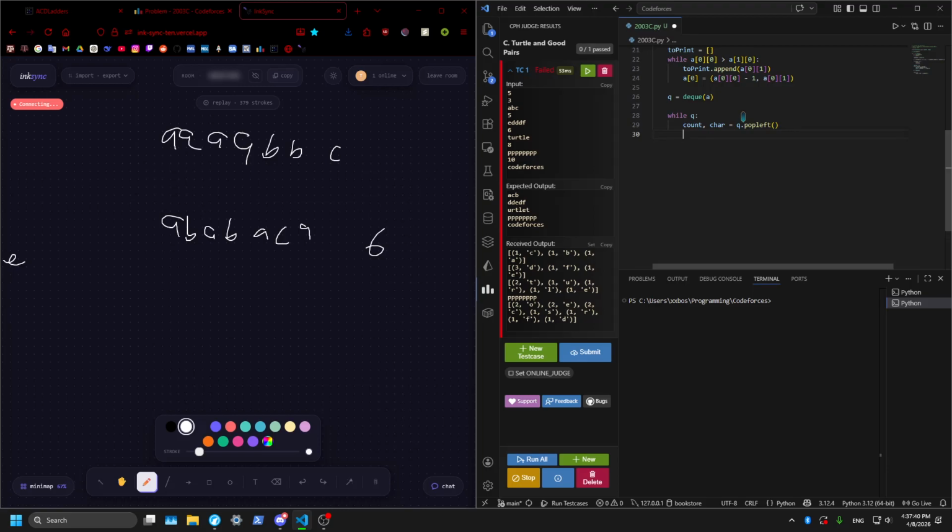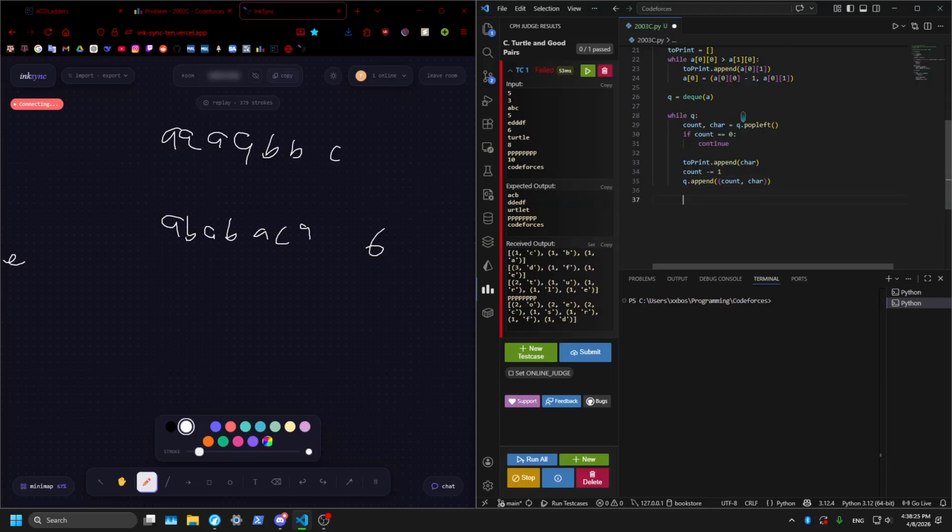Count pop left. And then we check if count equals 0. Do nothing. And then we to print dot append char, count minus equals 1, and q dot append count, char.